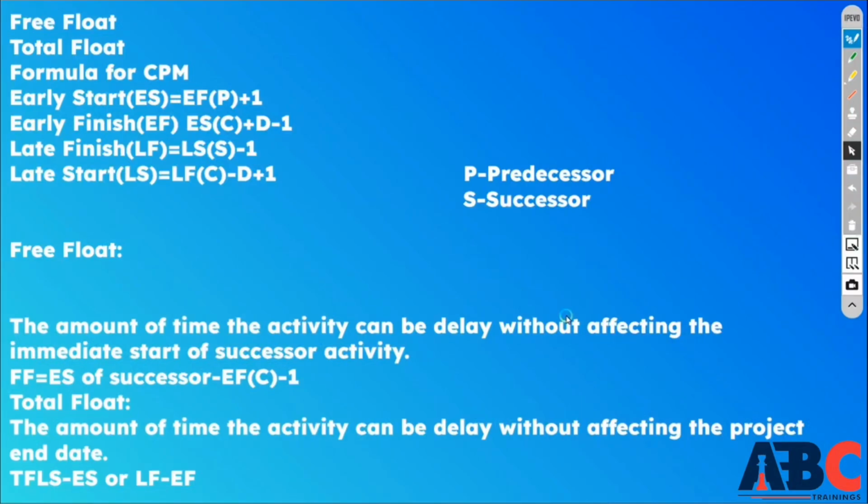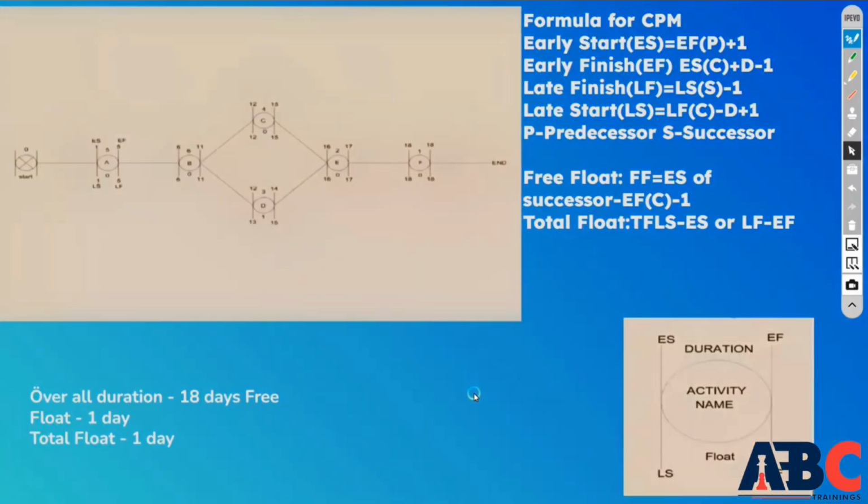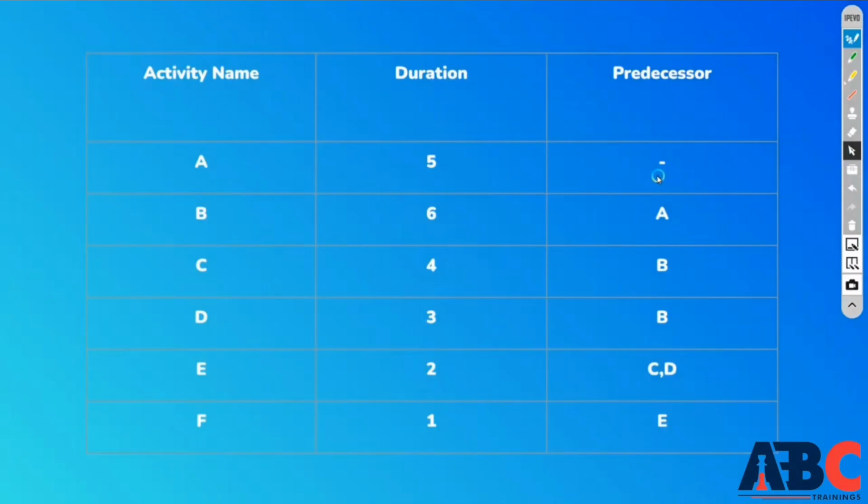Now I have activities A, B, C, D, E, F. These have durations of 5 days, 6 days, 4 days, 3 days, 2 days, and 1 day. Predecessors are also given. There is no predecessor for activity A, which means it is the starting activity.